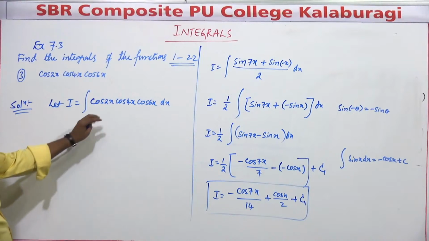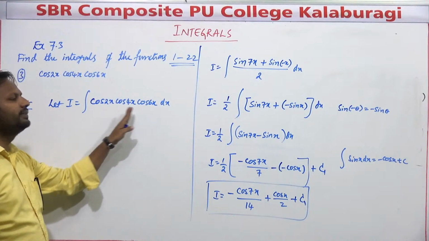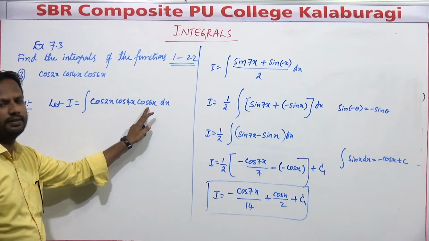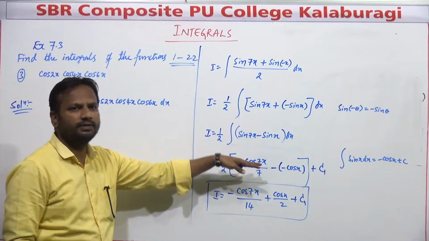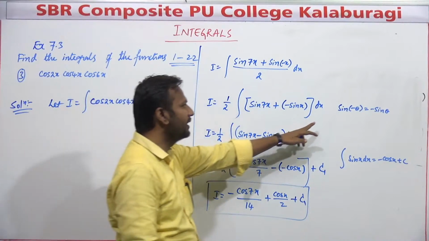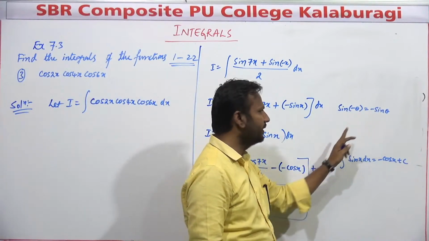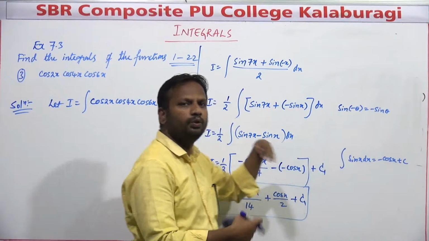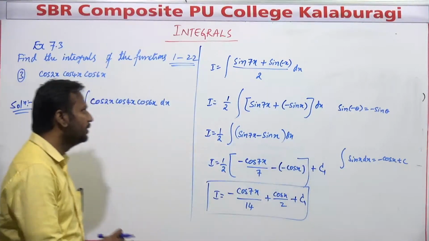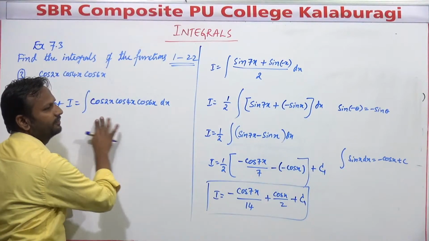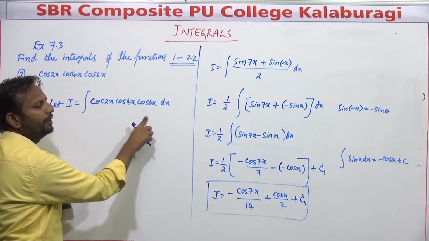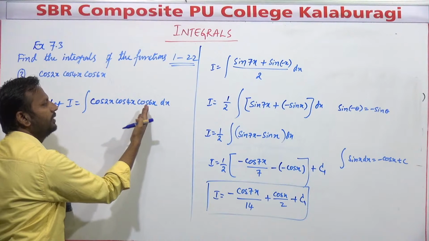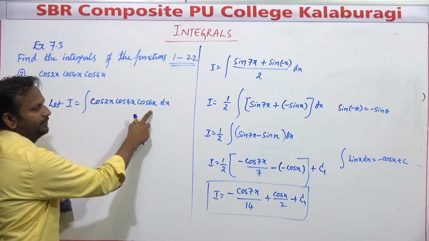If you sort the given integrand in the descending order of angles, it is well and good to simplify further there. To avoid confusions like sin of minus theta as minus sin theta, cos of minus theta as plus cos theta, you can sort here itself.